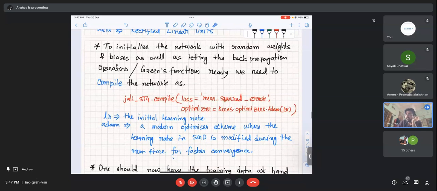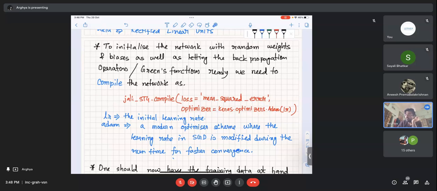You just say model dot compile, with the loss as mean squared error. Here also I have not defined mean underscore squared underscore error. That is already predefined in the TensorFlow package as well. And you say what your optimizer is.